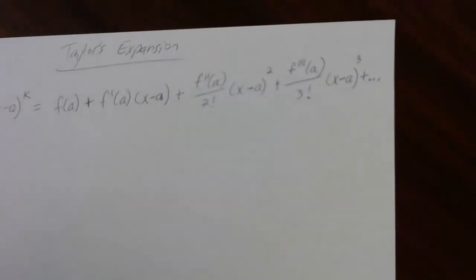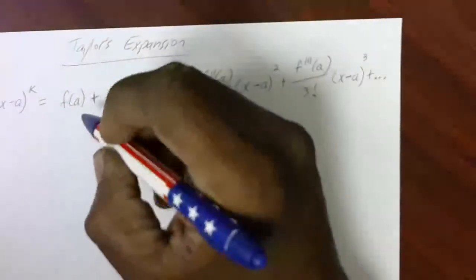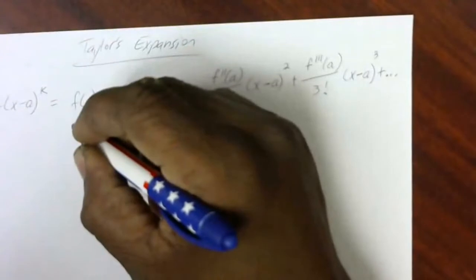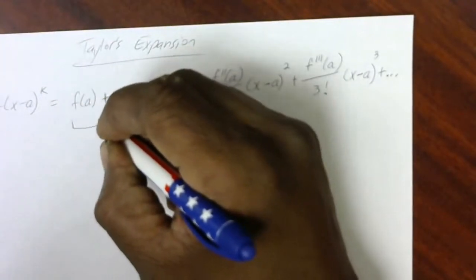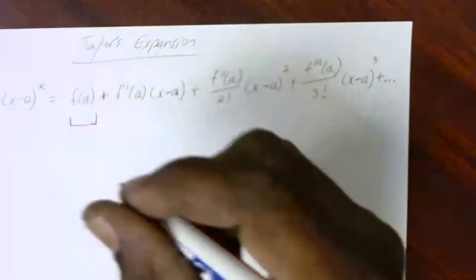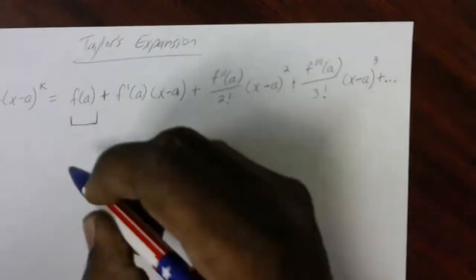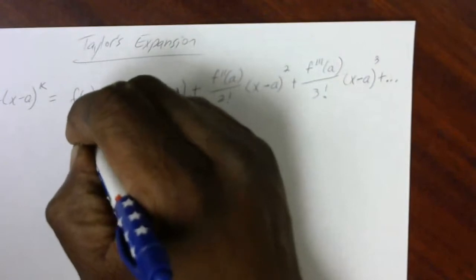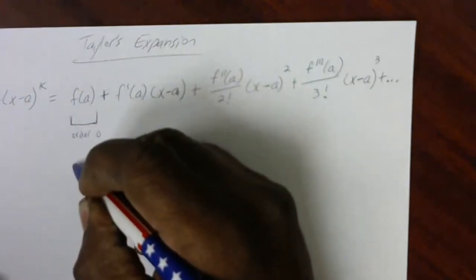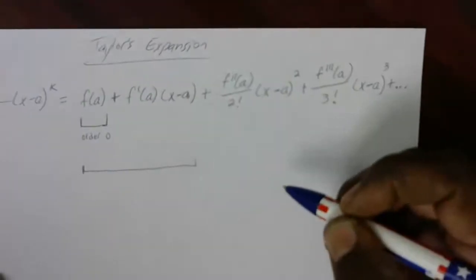You're going to be asked to find the Taylor polynomial of the second order or the first order. So if you have an order of 0, that would only include your first term. An order of 1 would contain the first 2 terms.